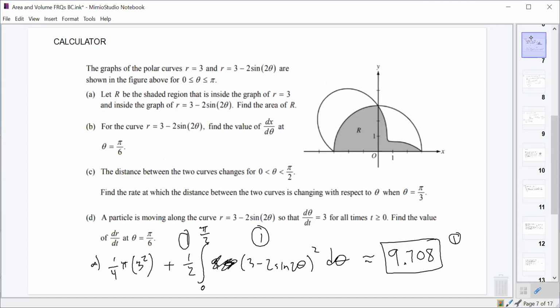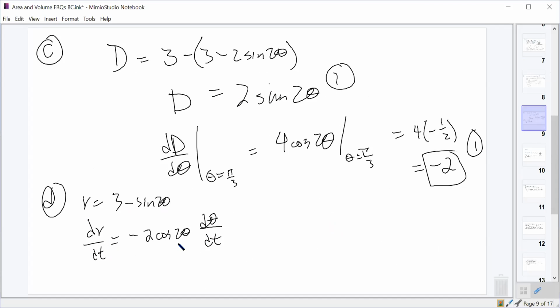And what did they give us? They gave us d theta dt is equal to 3. So this will be dr dt equals negative 2 cosine of 2 times pi over 6.